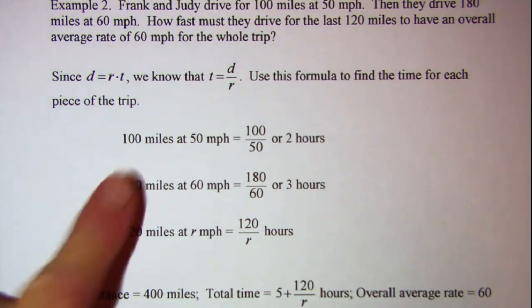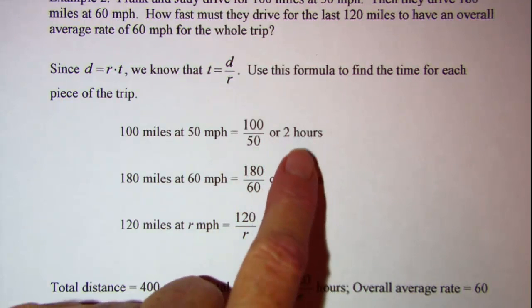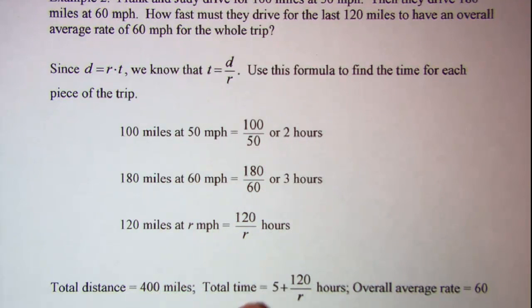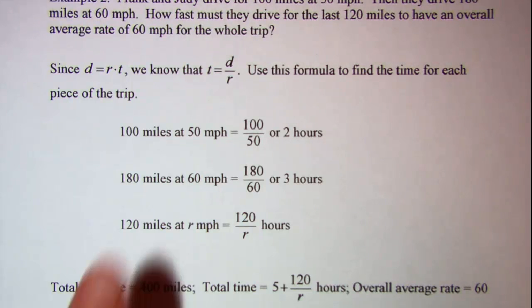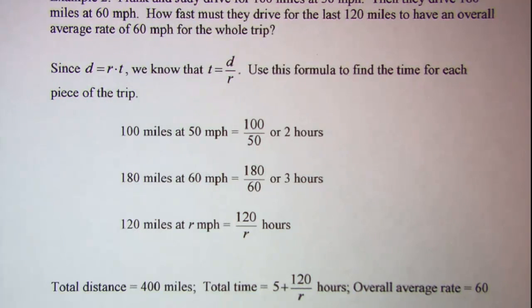So we can get our total distance, add these three distances up, we get 400 miles. Our total time, add these three times up, and we get 5 plus the 120 over r. And then the problem states that we want an overall average rate of 60 miles per hour.